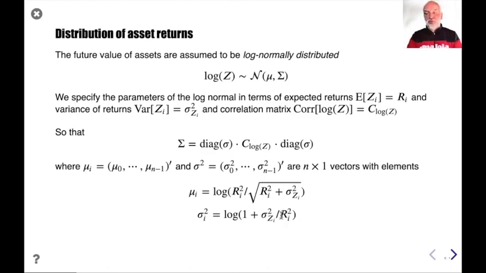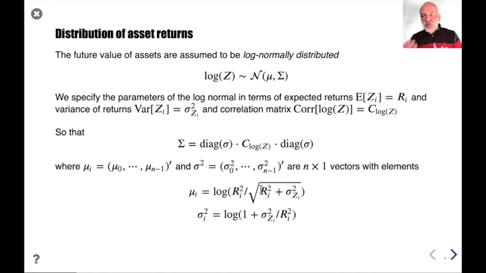So the expected return Ri on an asset i, and then the variance of the return. These are the parameters we specified. So once we know those, we can calculate sigma i, the diagonal elements of this, and the means of the log of Z, well, you can calculate them by this formula.